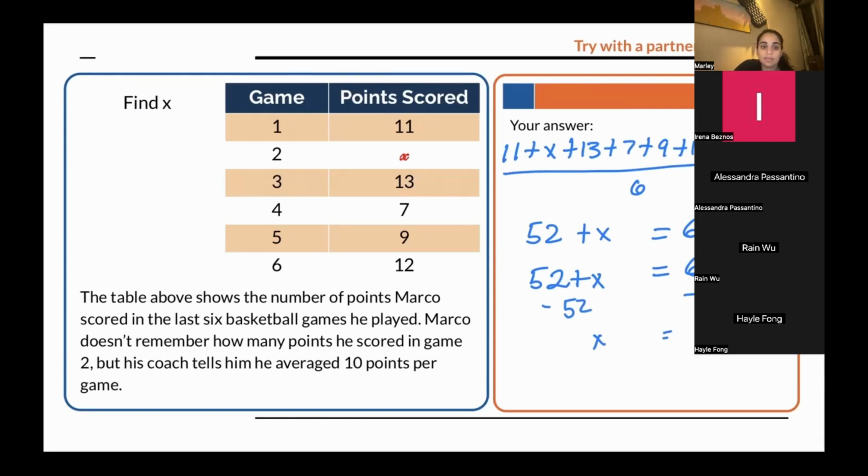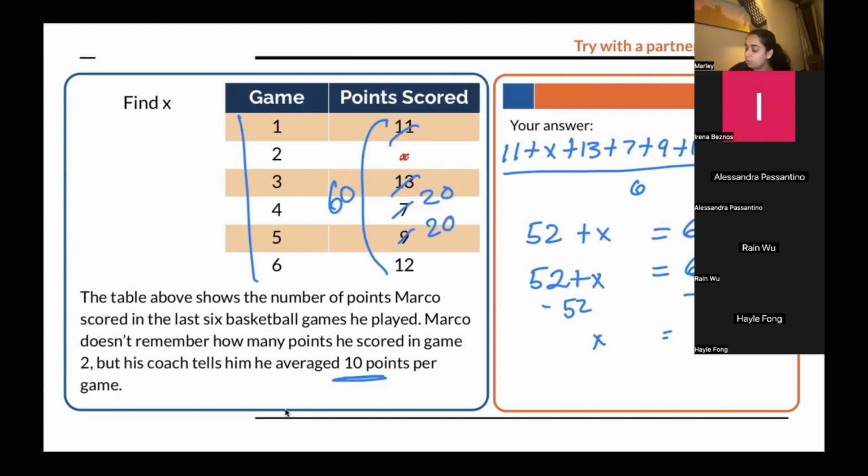If you're really comfortable with mental math, another way to do it that I like is that if I'm told the average is 10 and I know there's 6 games, I just start with 60 has to be the sum of everything here. You really don't need to push yourself to do this, but 13 plus 7 is 20, and 11 plus 9 is also 20.